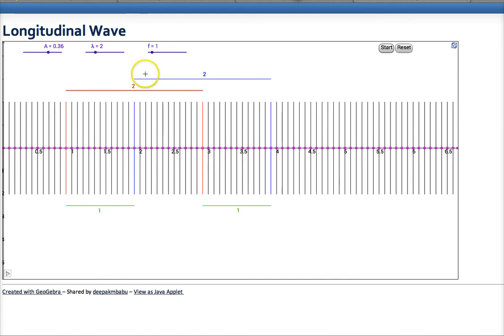Now, I am going to use these settings. I'm going to use amplitude as 0.3, lambda equals 2, and frequency equals 1. I'm going to start, and I want you to see what happens from left to right. 3, 2, 1.